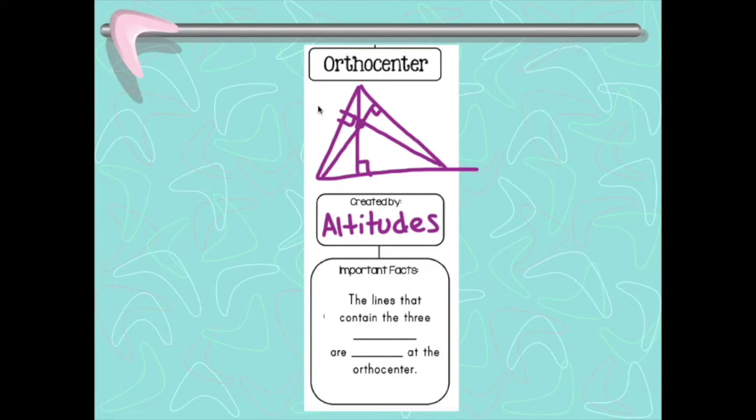The lines that contain the three altitudes are concurrent at the orthocenter. Concurrent. Let's move that over just a bit. Does that fit? I had to move it over.